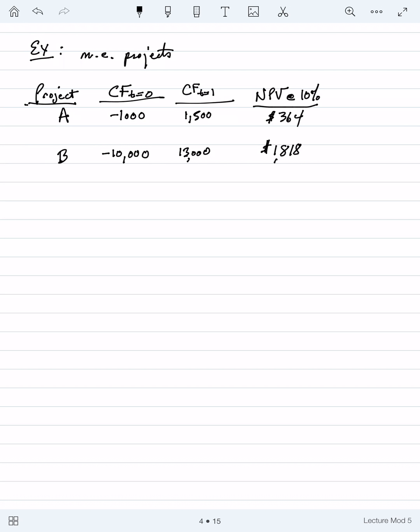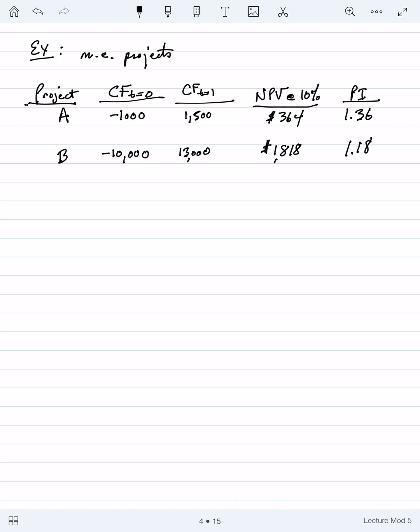So both projects look viable. They're both positive NPV. Now look at the profitability index score that you get. Project A gives you a profitability index of 1.36, project B of 1.18. Both are good projects. If we could do it, we would take both.